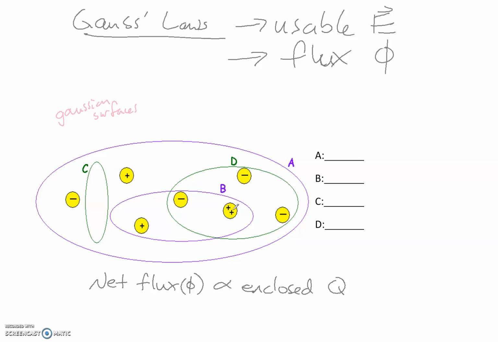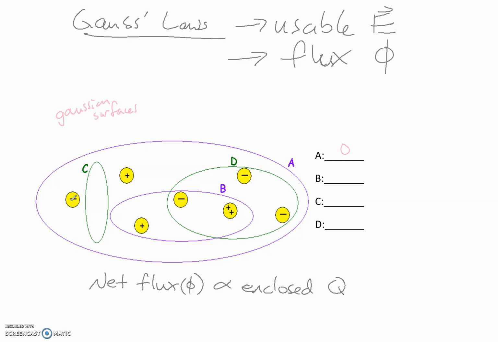The enclosed charge inside of A is 0. So since I've got 0 net charge inside, there is 0 net flux. The flux isn't good for anything. Every time a flux goes out from a positive, it's going to go into a negative. It's not going to do anything. So I can't actually use Gaussian surface A or the charge inside of A to do anything because everything cancels out.